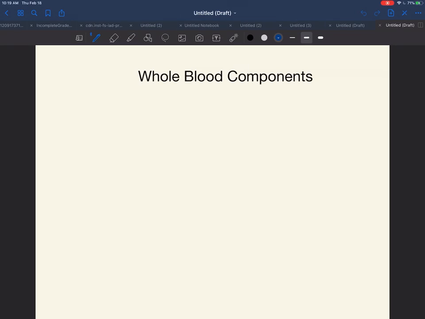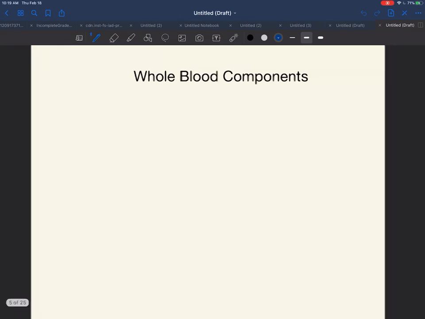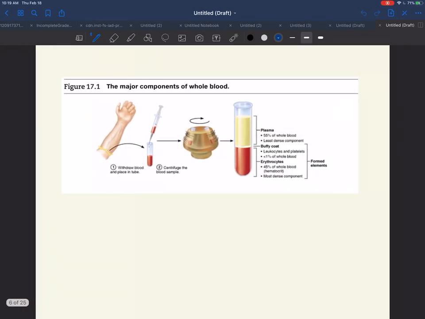When we look at the components of the whole blood, we can actually separate them out by using a centrifuge. And so you can take some blood and put it into a test tube. One of the things that oftentimes those test tubes have in them is heparin.